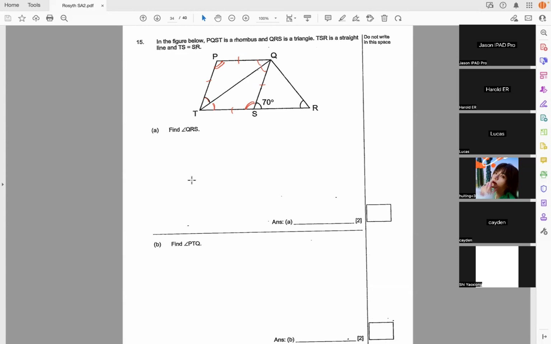TSR is a straight line. TSR is a straight line, meaning why I tell you this is because if this is a straight line and this is a straight line, it will mean that there's a Z here, okay? Which means that this angle is 70.